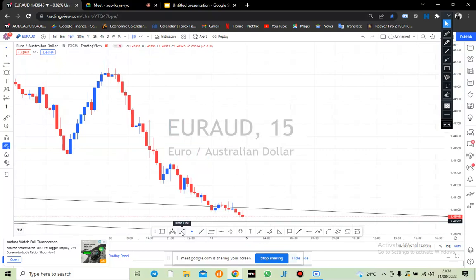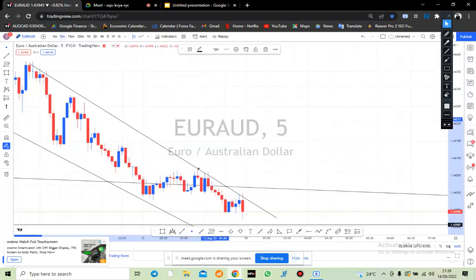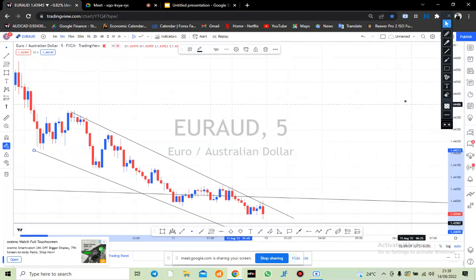And if I draw a trend line, something like this, this is how it's going to look on 15 minutes. Let's check 5 minutes. This is what I'm seeing on 5 minutes.